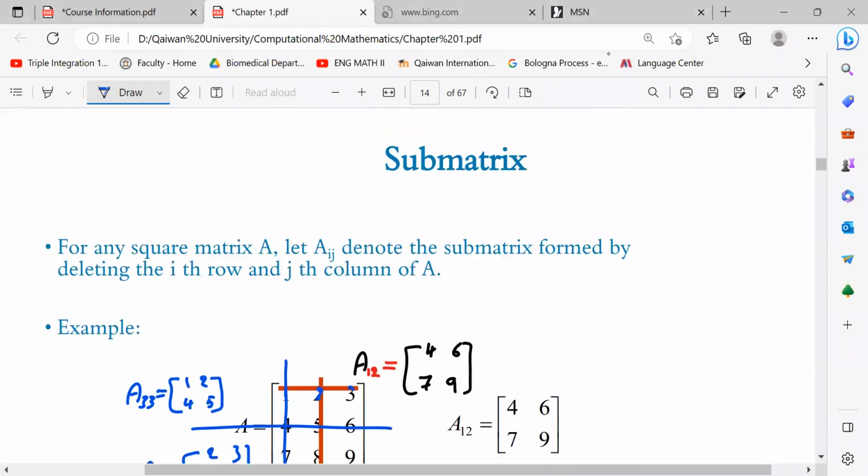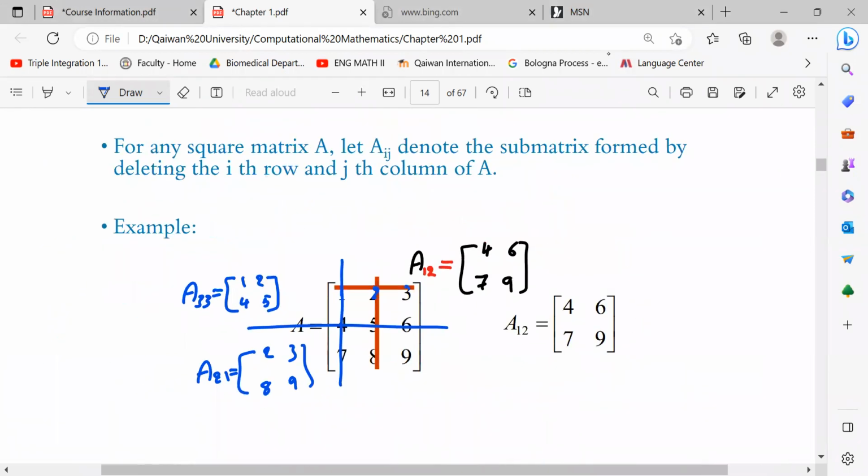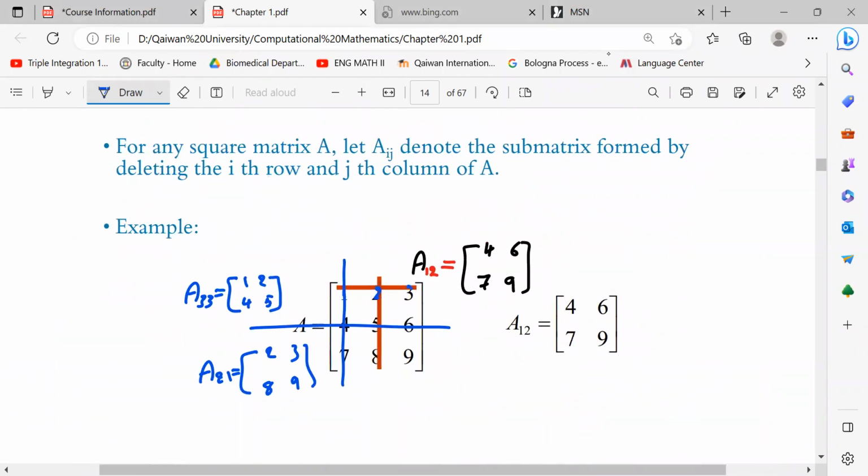Here in the previous slide, we talked about how to find the determinant of a 2 by 2 matrix. How about finding the determinant of a 3 by 3 or 4 by 4 matrix? But here we just talk about a 3 by 3 matrix, not 4 by 4.